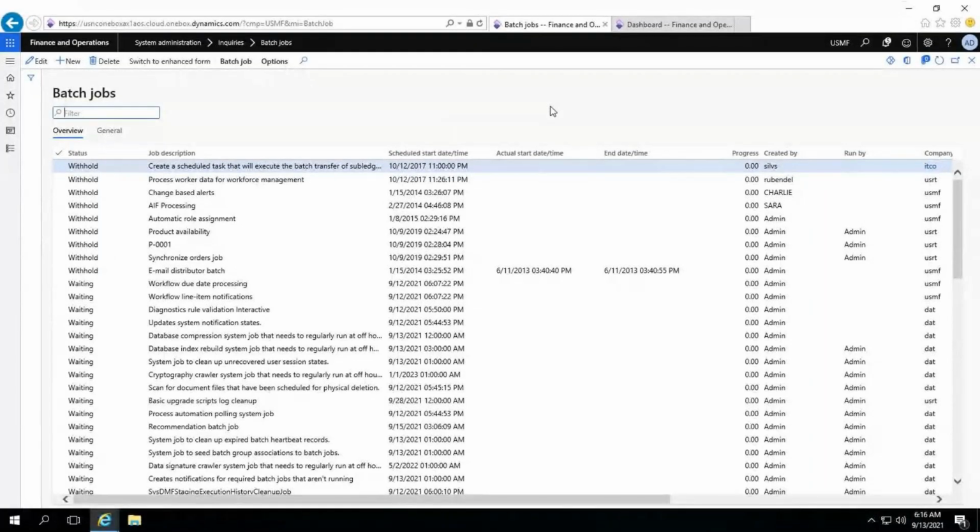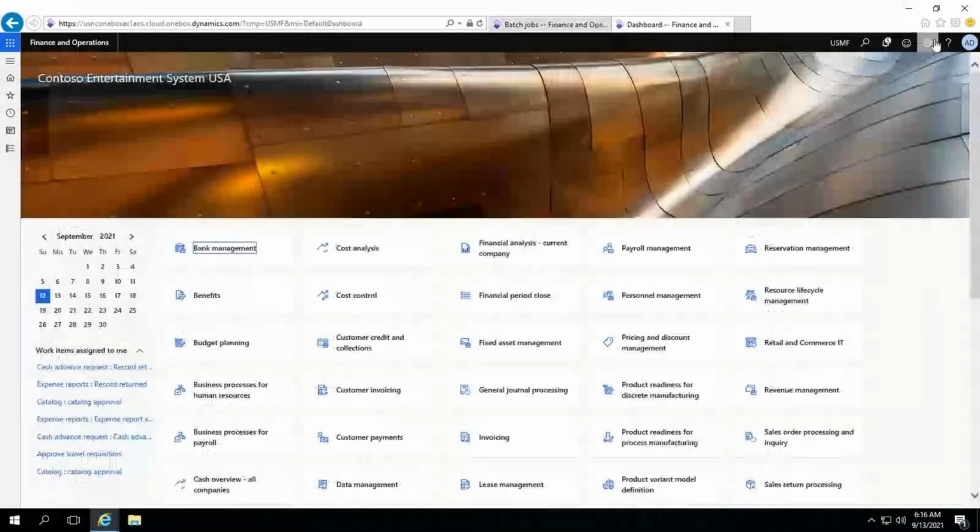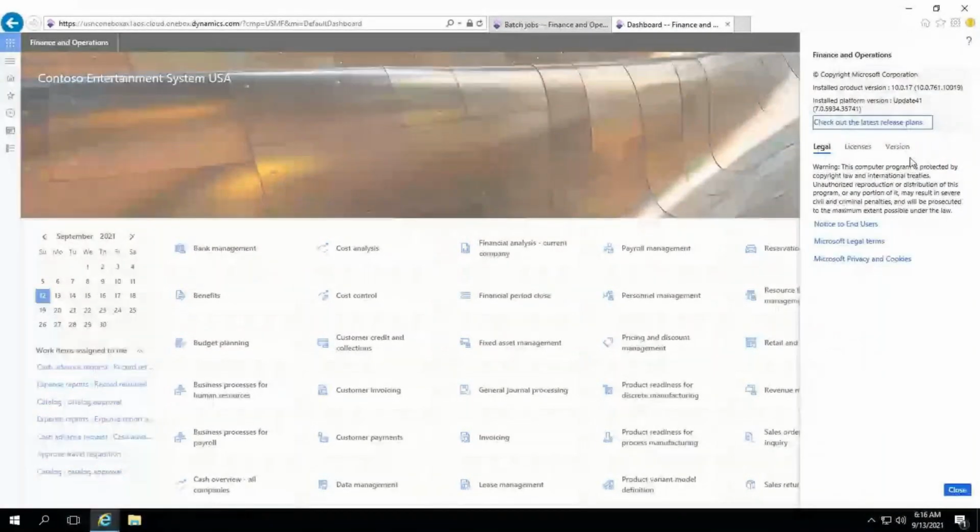One module was introduced, landed cost, in 10.0.17. I have taken the latest version yesterday, 10.0.17. In your demo systems it is 10.0.13.